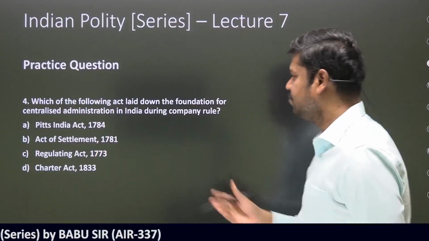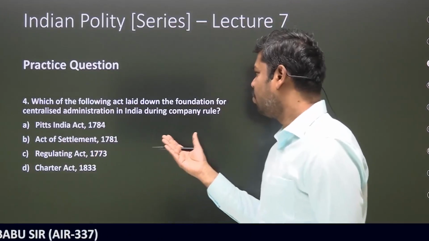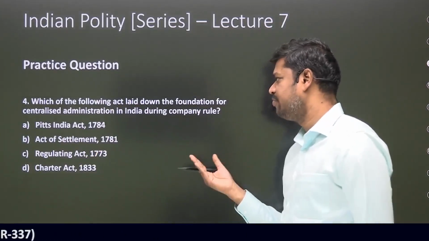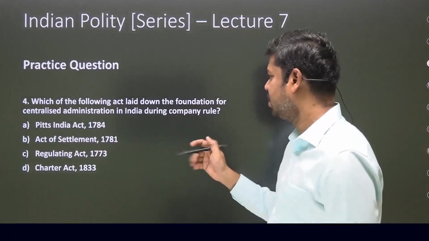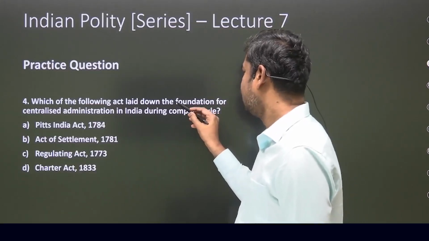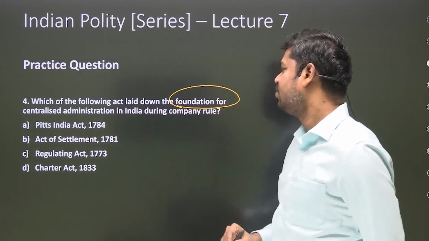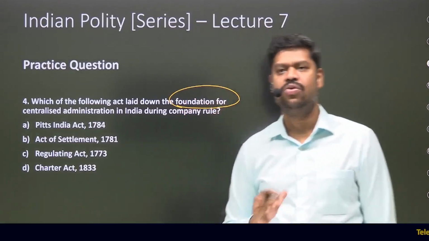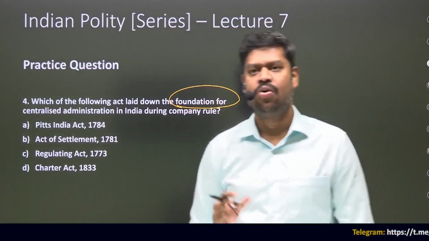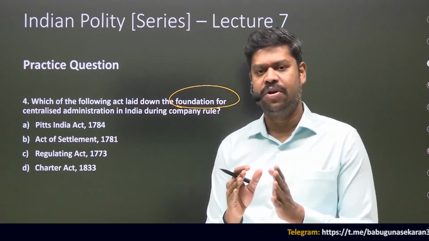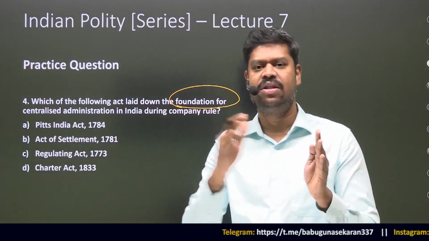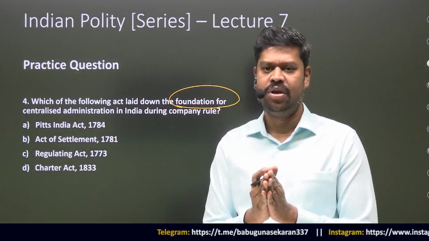Come to question number 4. Which of the following acts laid down the foundation for centralized administration in India during the company rule? Now, the company rule is from 1773 till 1857.